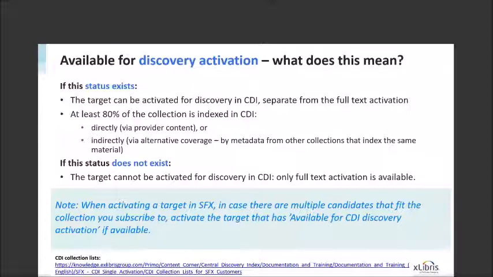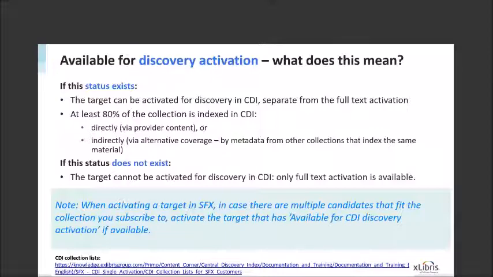Either that's done directly, because the provider gives us the content and we load it into the CDI index, or in some cases, if the collection is not indexed in CDI directly, the coverage of 80% is indirectly via alternative coverage. That means we get metadata from other collections that index the same material.